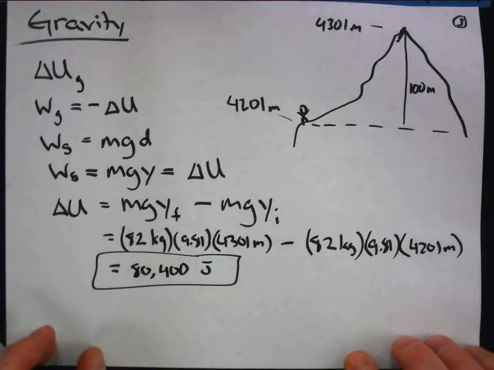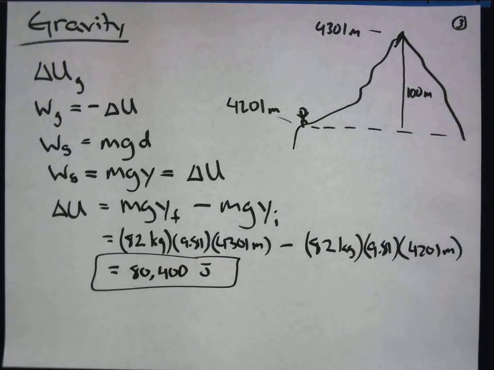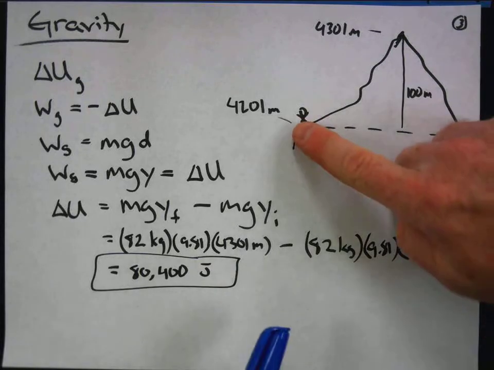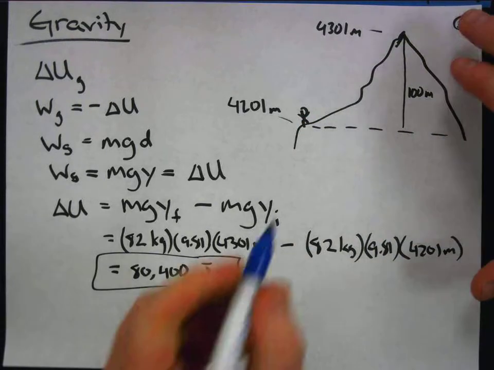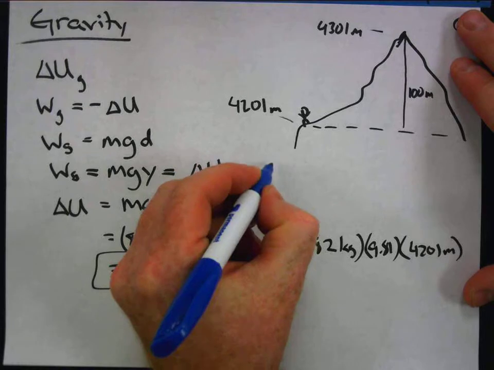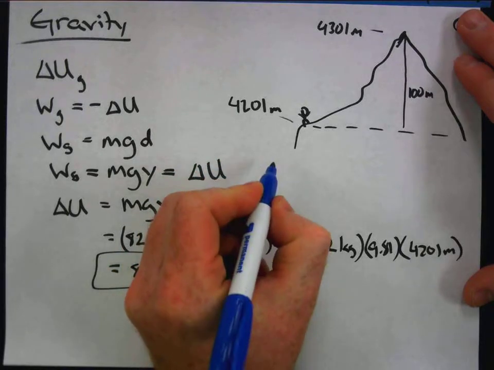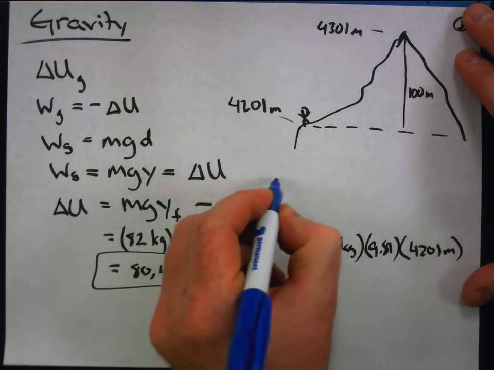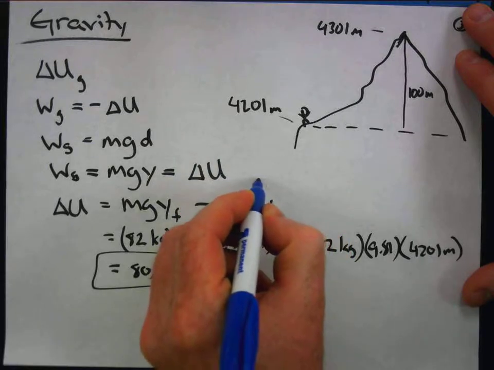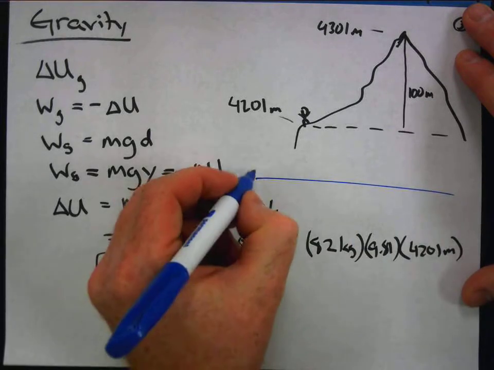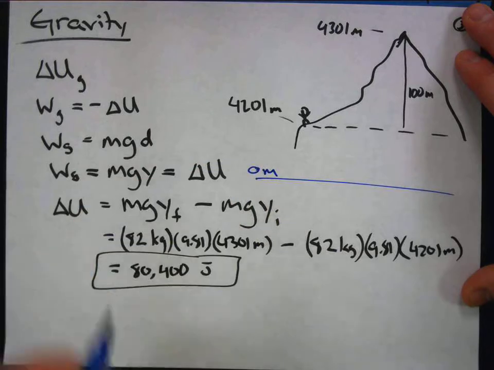Interesting thing that we can do with this problem, though. When we were doing this, we're kind of saying, well, where would the baseline value be? So somewhere far down below, you've got sea level at 0 meters elevation.